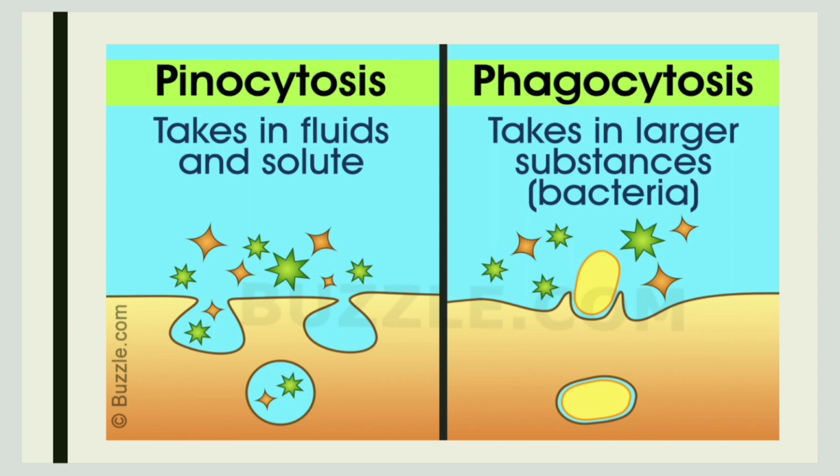These vesicles move inward, inside the cell, and later fuse with the lysosome. The lysosome has digestive enzymes within it, and these digestive enzymes degrade the substances. After the substances are degraded, they are eliminated by a process called exocytosis.